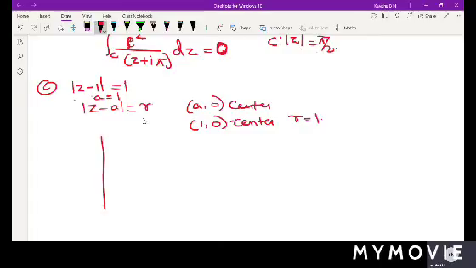Then draw the graph here. The x-axis, the y-axis. The center is (1, 0).